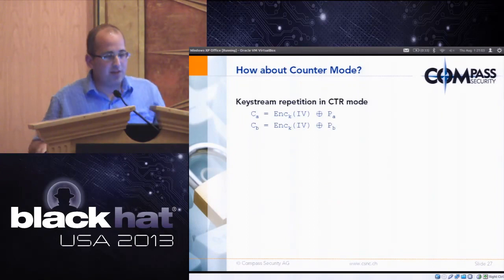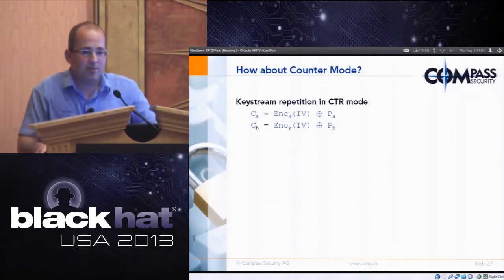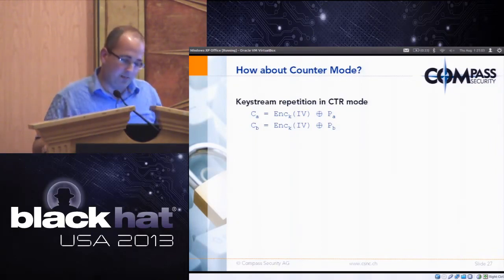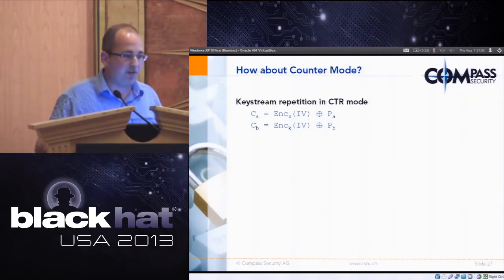If we have key stream repetition within a stream cipher, and counter mode is basically a stream cipher construction out of a block cipher, then you should really avoid key stream repetition, because it allows you basically to recover some plain text.